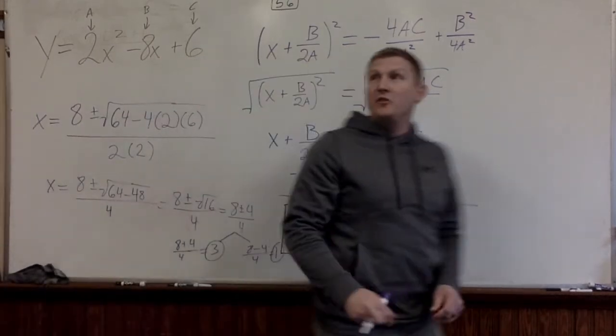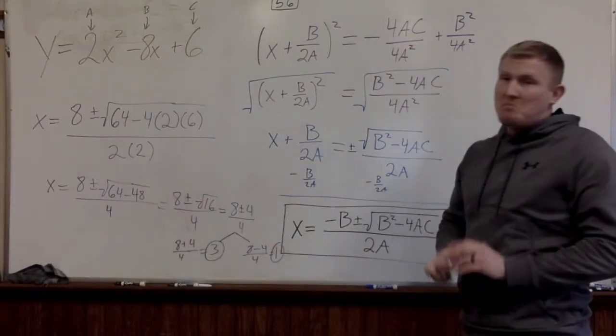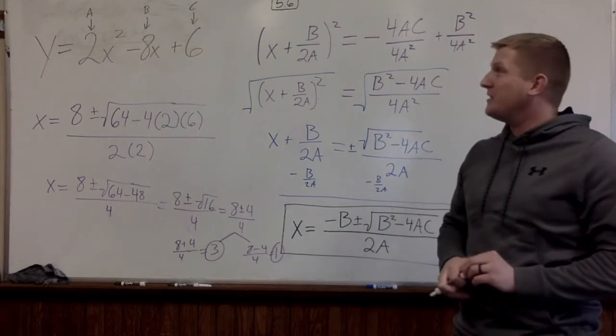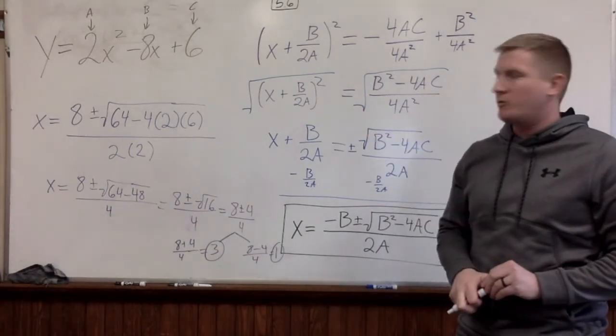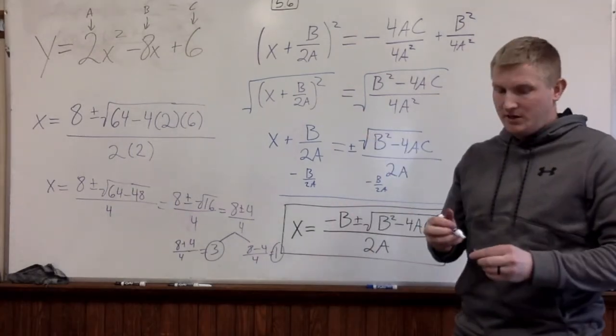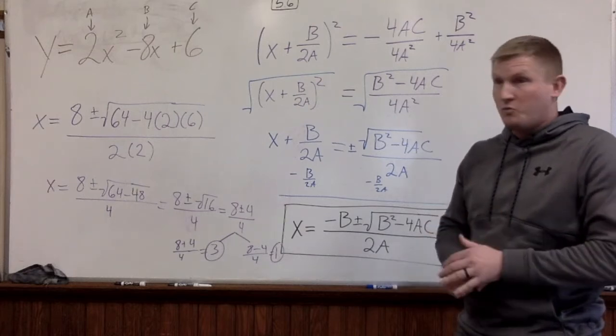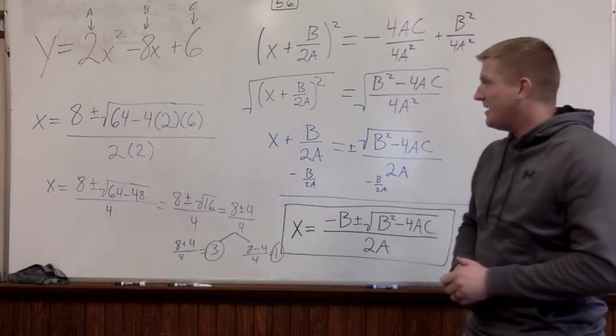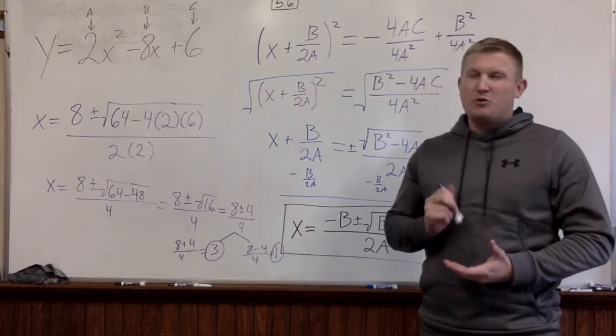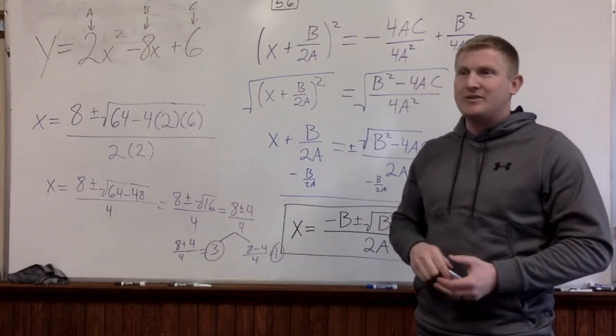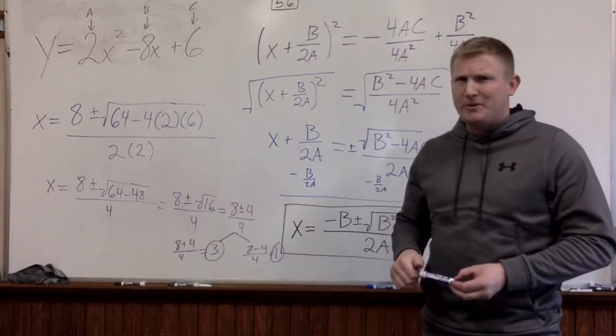Now, you may look at that original one. Maybe you got really good at factoring, and maybe you could have made pretty quick work and found out that 3 and 1 are the x-intercepts. But what if we were to have a quadratic that hit the x-axis at an irrational number?